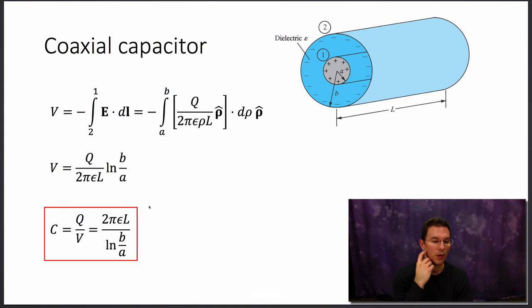So that's one example of how to solve a capacitance problem using Gauss's law. You also want to be sure to practice solving it in the opposite direction by solving Laplace's equation. Thank you for your attention, and I'll see you in the next lecture.